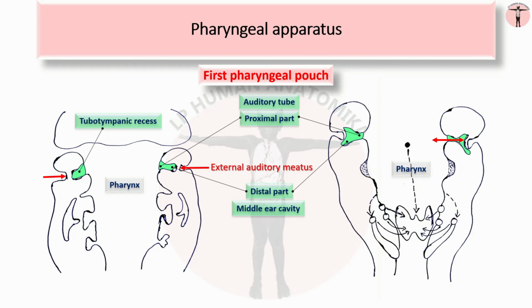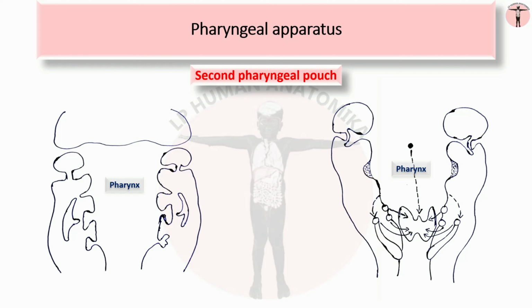The second pharyngeal pouch. The epithelial lining of the second pharyngeal pouch, that is the endoderm, proliferates and forms buds. These buds penetrate into the surrounding mesenchyme. The buds are secondarily invaded by the mesodermal tissue, forming the primordium of the palatine tonsils, which gradually develops into the palatine tonsils.